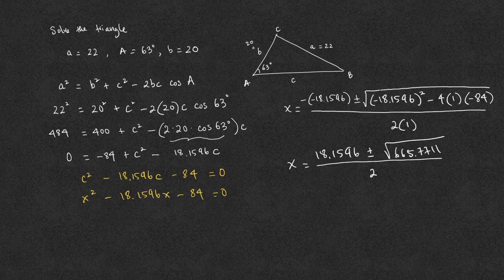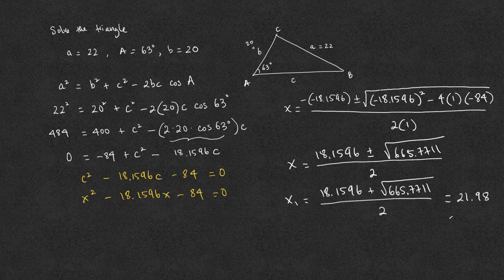There are two x values here. The first one is 18.1596 plus the square root of 665.7711, over 2, and evaluate it using a calculator. We will get 21.98, but we will simply round it to 22.